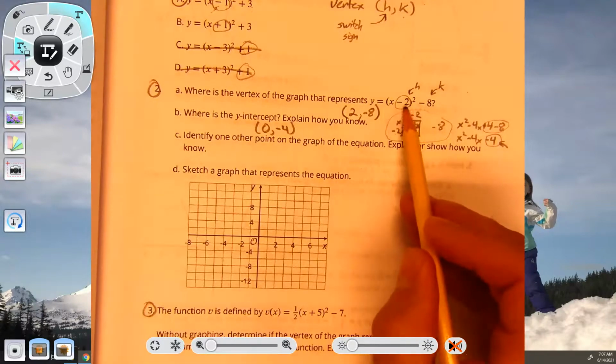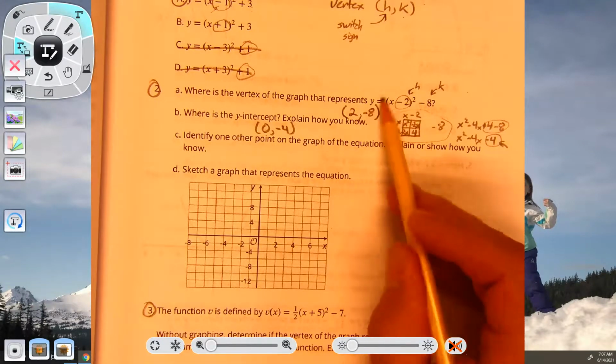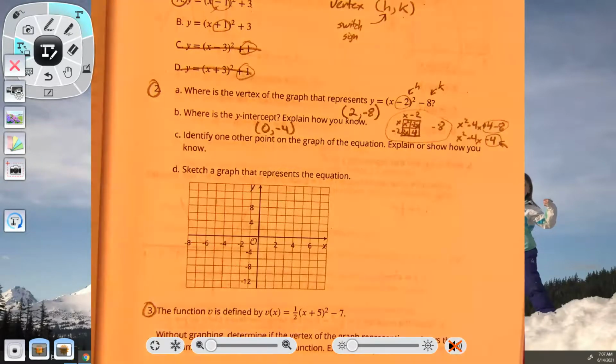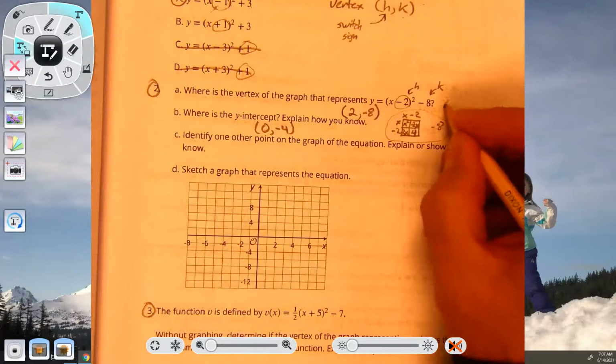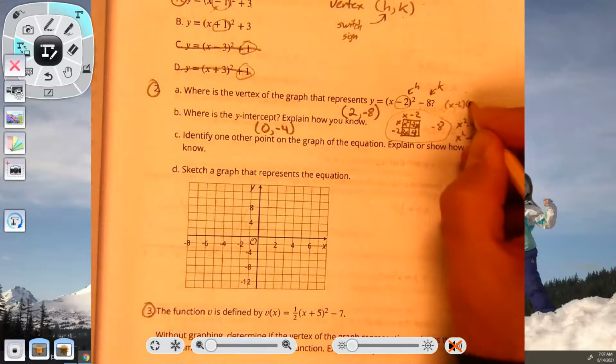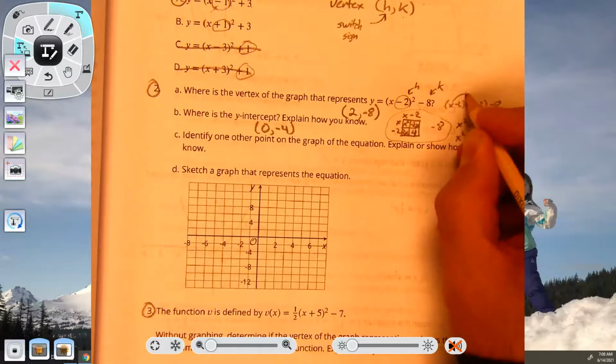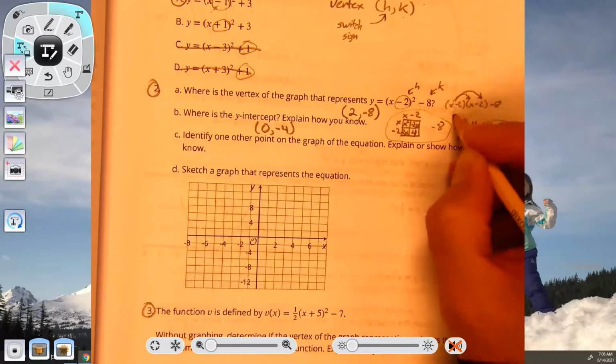Remember, x minus 2 to the second power, all that quantity to the second power, we have to write out twice. Another way to do it would be to say x minus 2 times x minus 2 minus 8, and then we would just use the distributive property, aka the rainbow method, where you draw the rainbows.